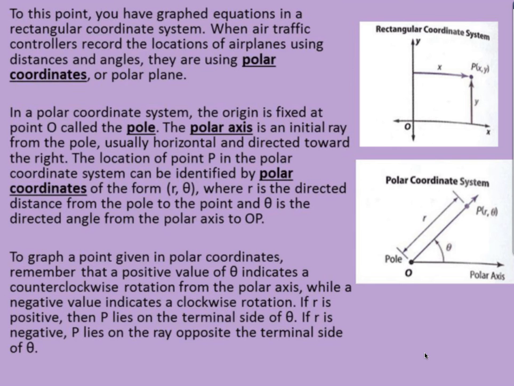When we go to graph a point given its polar coordinates, remember that positive values of theta indicate that we're going counterclockwise, and negative ones indicate a clockwise rotation. If r is positive, then P is going to lie on the terminal side of theta, but if r is negative, it's going to lie on the opposite ray of the terminal side of theta.